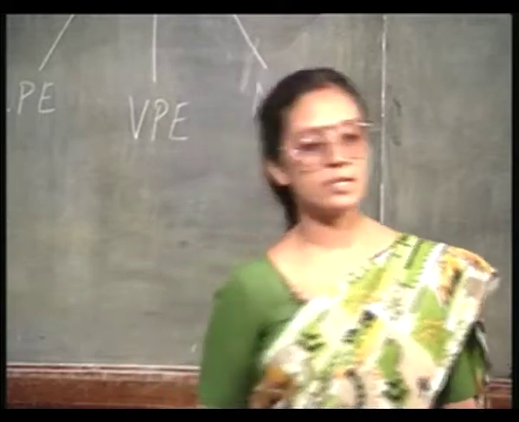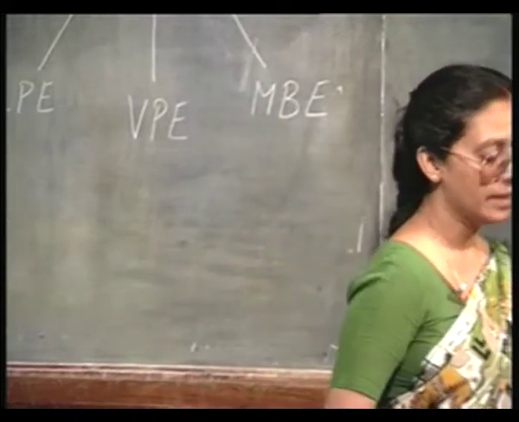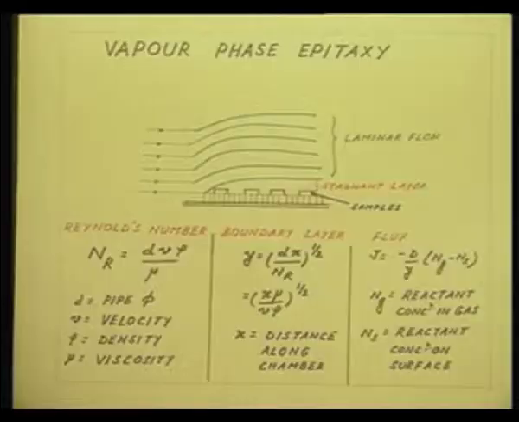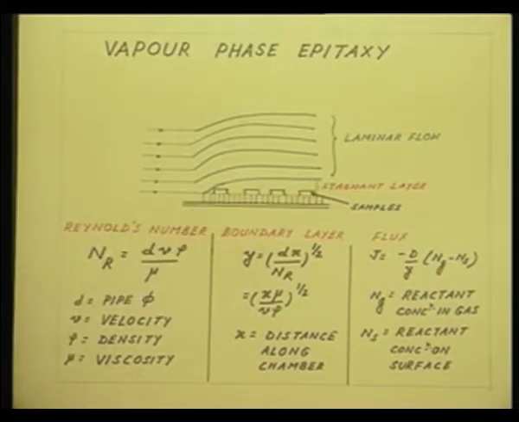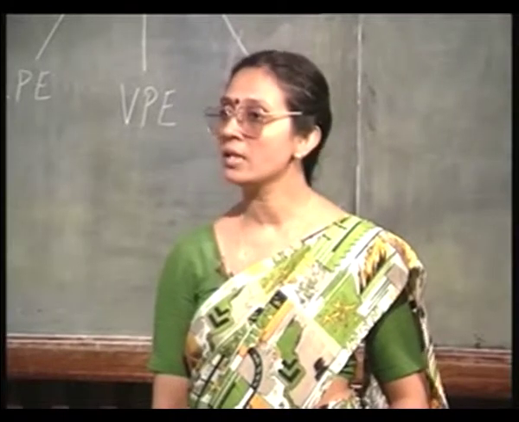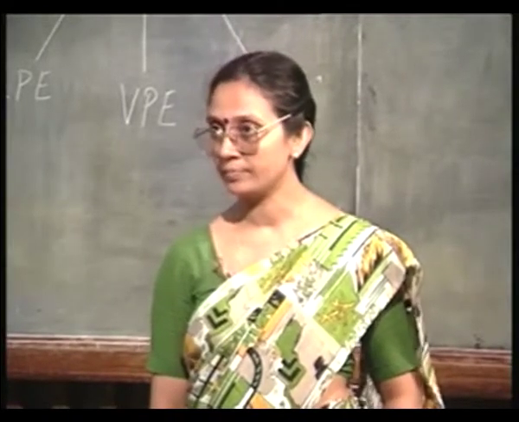This stagnant layer is also called the boundary layer, as shown in the chart. In any vapor phase epitaxy, the width of this stagnant layer or boundary layer is a very important criterion.